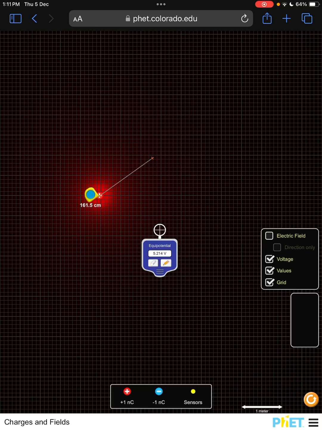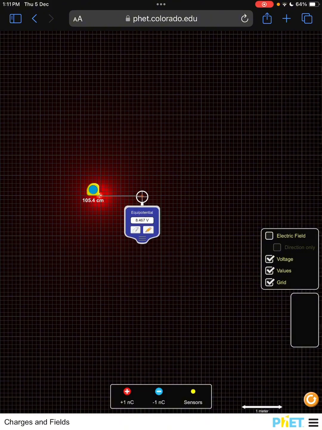So now you have a really neat tool to play around. This is 1 meter away from the charge, for example, okay? So this tells us that the equipotential there has a voltage of 8.47 volts.